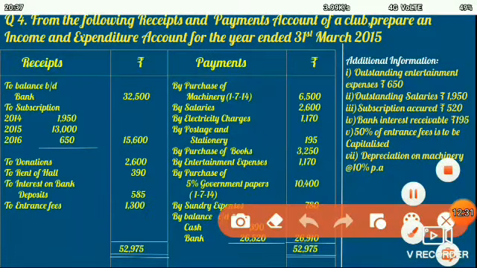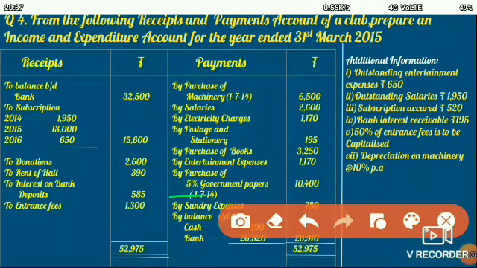Next we have to take this 5%. This also is an adjustment, so I'm doing the adjustments first. So let us take this 5% interest which the organization was supposed to receive on the investment in government papers. The investment made during the year, which is the investment of the current year, is 10,400.